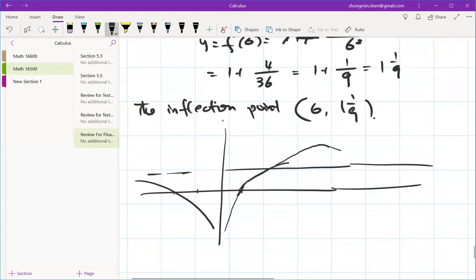See, this is concave up, right? Concave down. Let me show you. Now, if it's always concave down, then it will intersect the horizontal asymptote again. So you have to bend it this way a little bit, right? So there's a point of inflection.